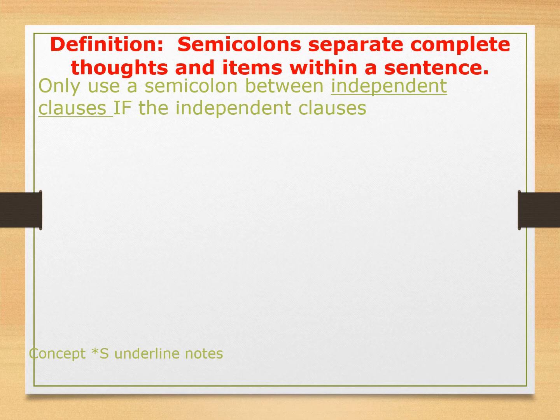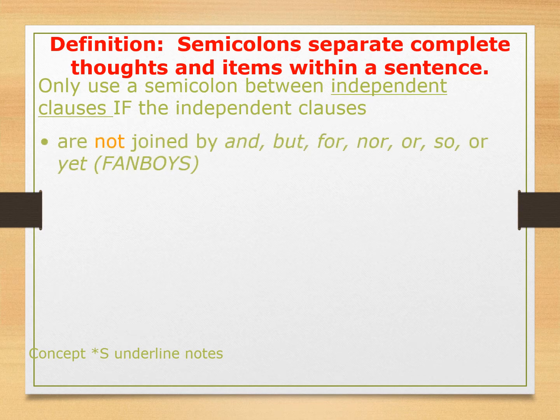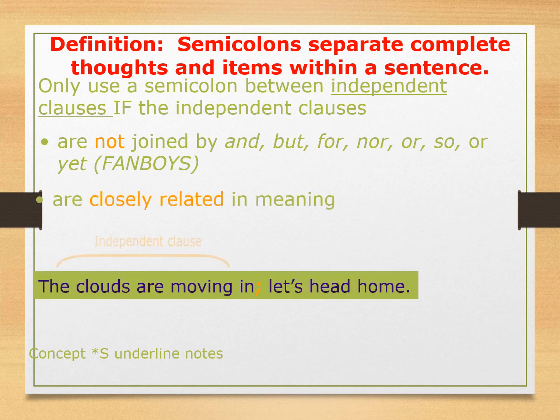Only use a semicolon between independent clauses if the independent clauses are not joined by and, but, for, nor, or, so, or yet. Fanboys. They are closely related in meaning.